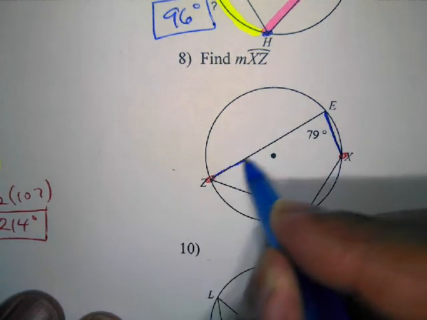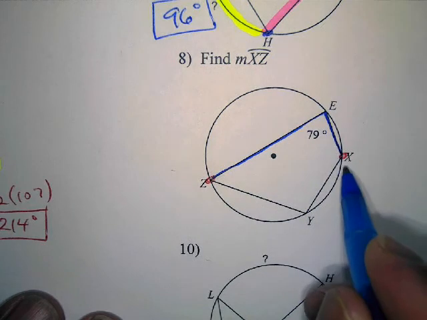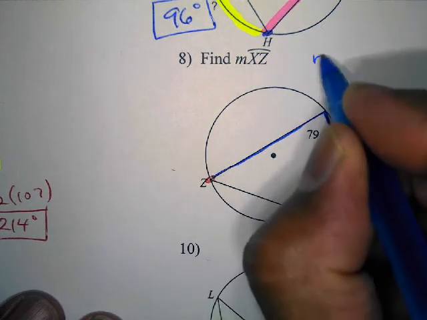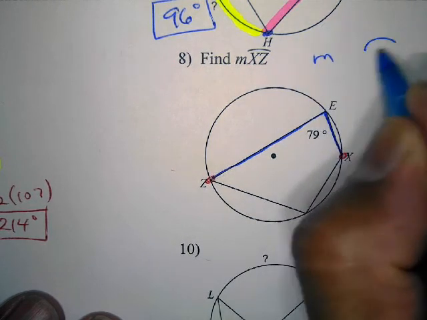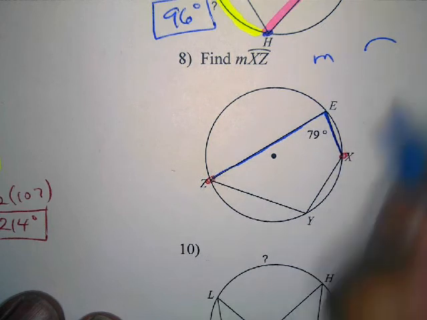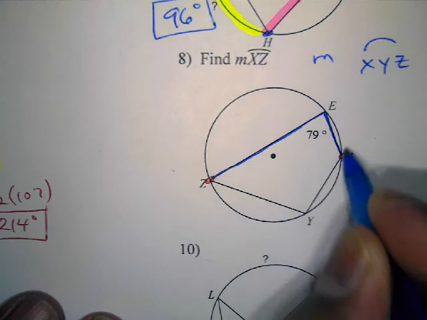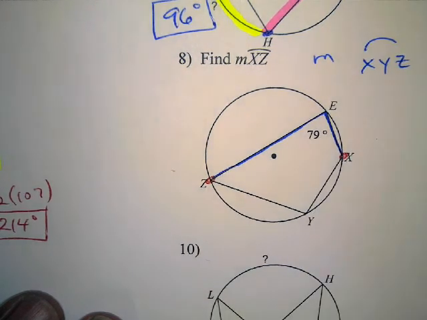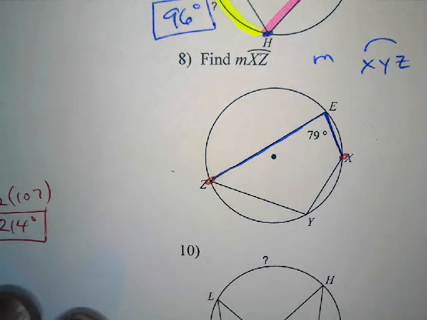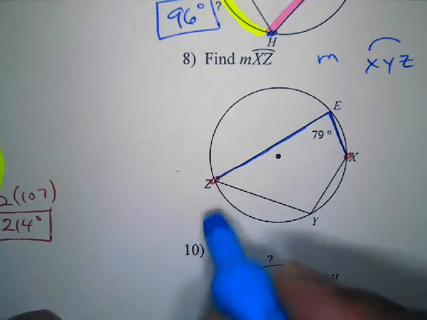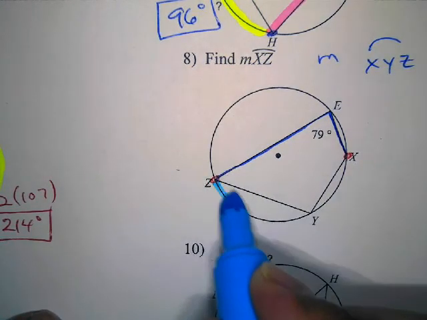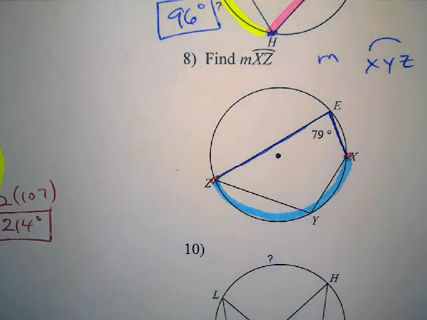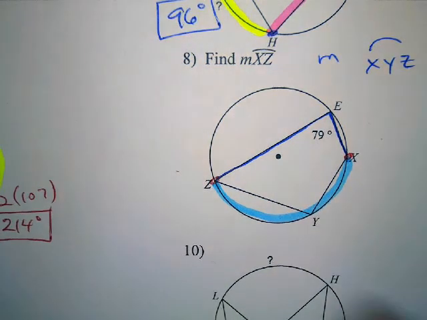Because the angle's right here. They actually should have written, find the measure of arc XYZ. They should have used that letter in the middle so it can be really clear. So anyways, we're going to go with this.